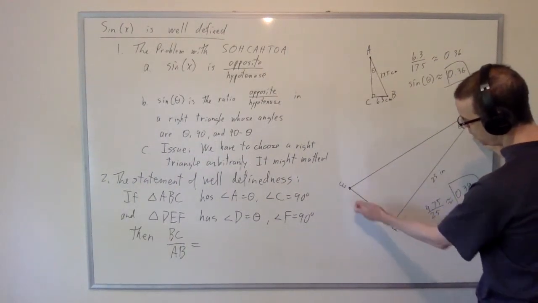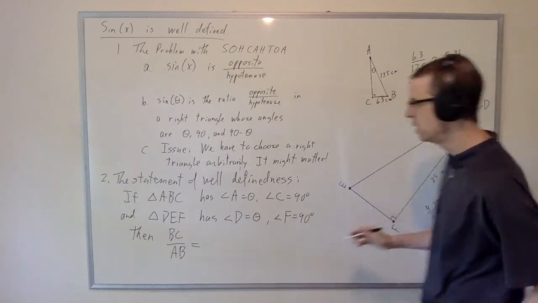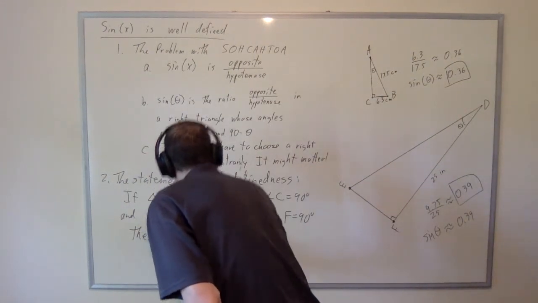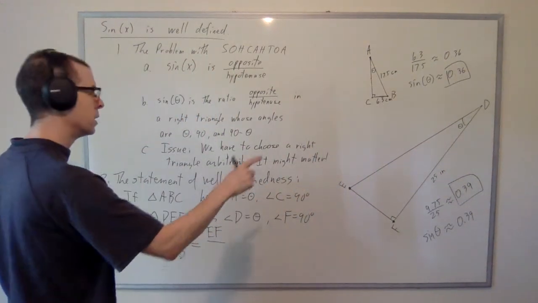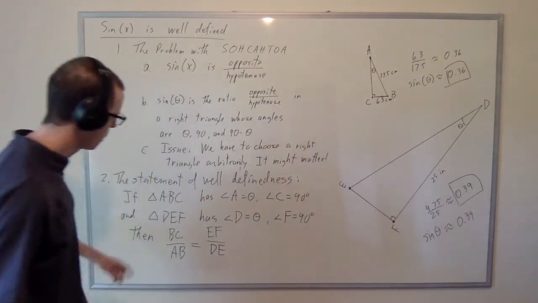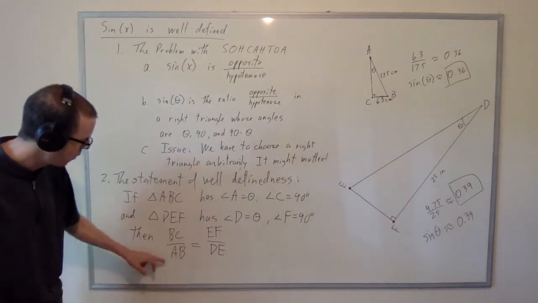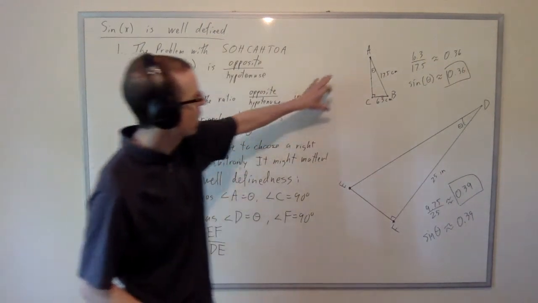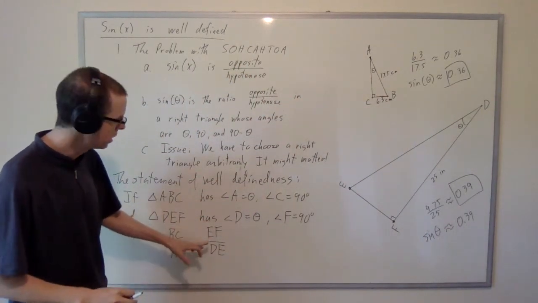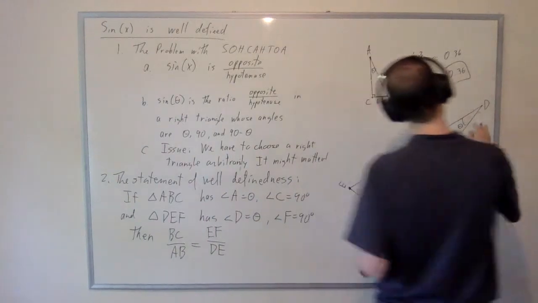We've tried to define it to be EF over DE. So that will be EF over DE. In other words, the thing we tried to define sine A to be in this triangle agrees with the thing we tried to define sine D to be in this triangle.